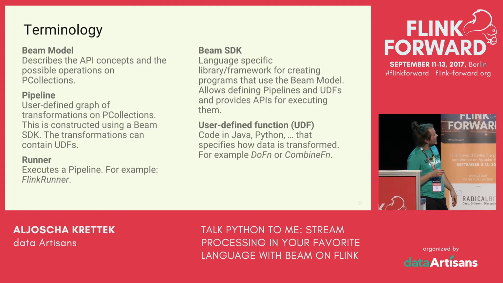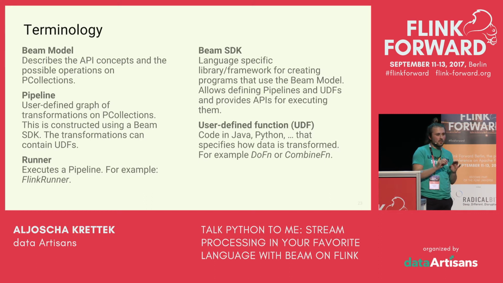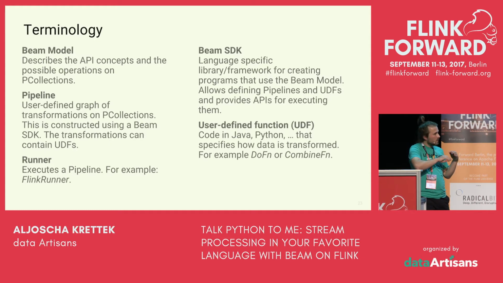User-defined functions, obviously, are code written in a language like Java or Python. In Beam, there are not many different user-defined functions. There's basically only the DoFn and the CombineFn. In Beam, we call all these functions Fn. So DoFn is basically a flat map, and CombineFn is like a supercharged reduce, if you will.